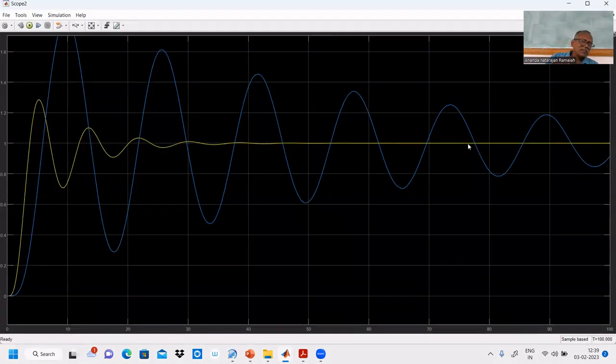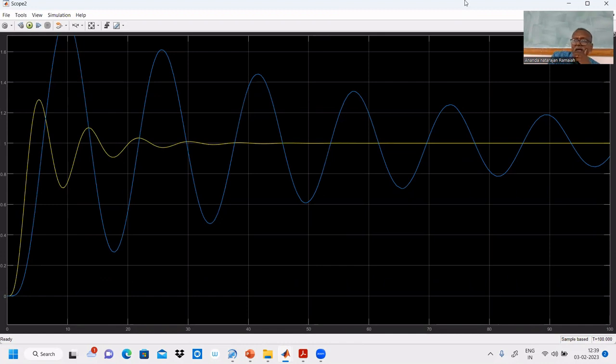If you increase Kc by Ti, it means you are decreasing Ti. If you decrease Ti, oscillation increases. Number of settling time increases. So an improper value of Ti will lead to oscillation, because if you decrease Ti, you are increasing gain. That's why oscillation is more.